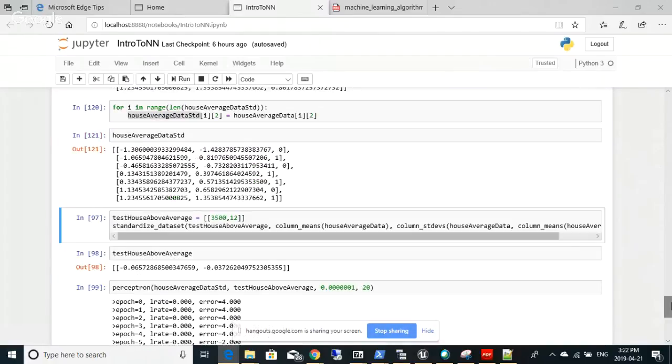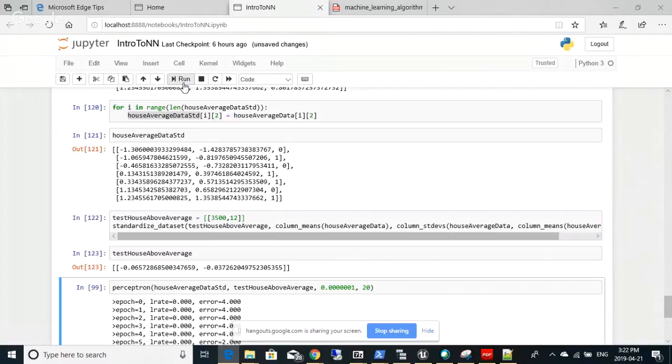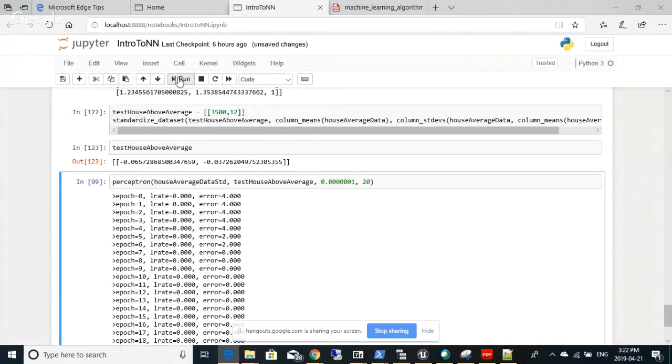And then I also standardized my test set. Or this isn't really a test set, this is what I'm trying to predict, but it's more or less the same thing. So this is a standardized data set of that, and now we are in the perceptron.